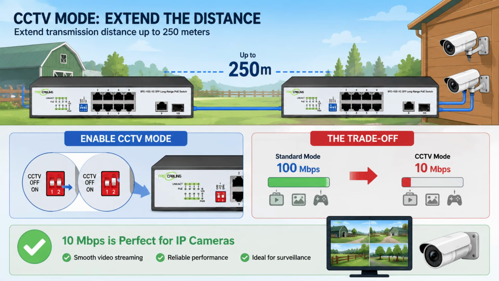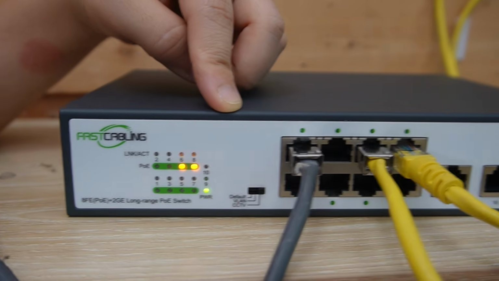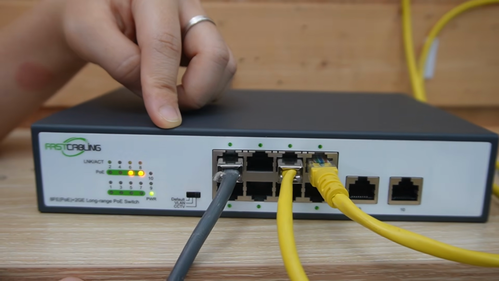When you enable CCTV mode, the data rates drop down to 10 megabit per second. But for IP cameras, 10 megabit per second is perfectly fine. It's more than enough for stable video streaming. So we connected the cameras and we enabled CCTV mode and boom, we got crystal clear live feed. We solved the distance problem.